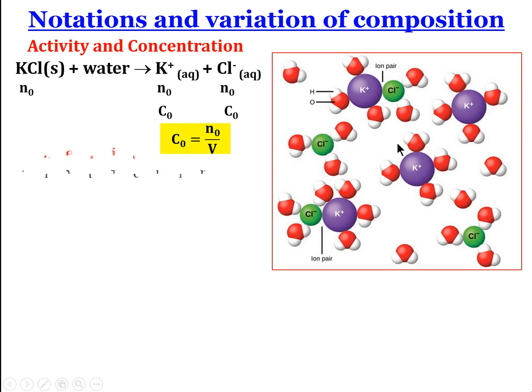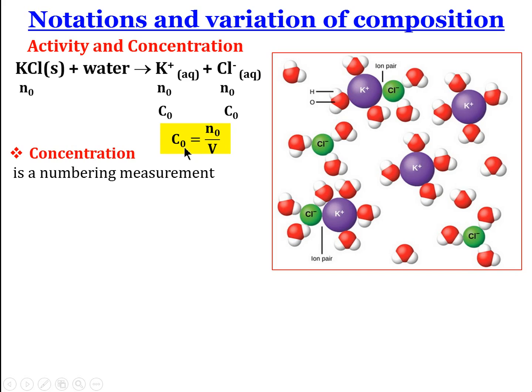The formation of ion pairs and the water-ion interaction cause the number of these free ions to be less than the number present.